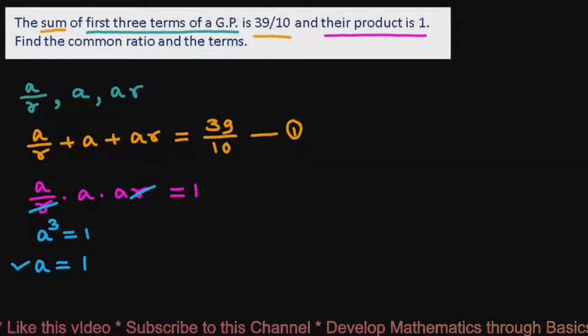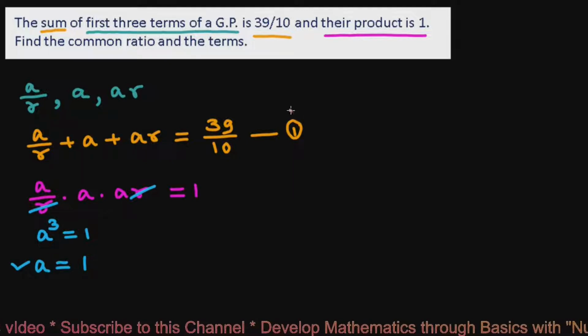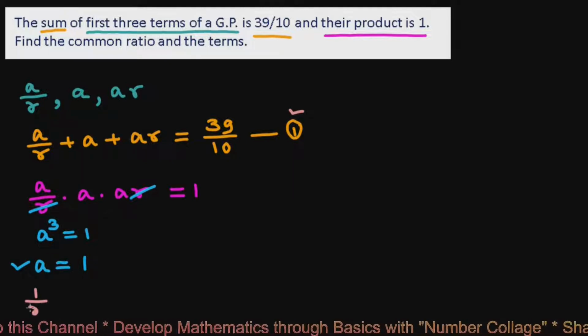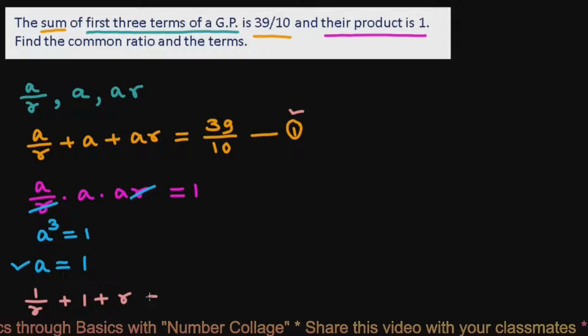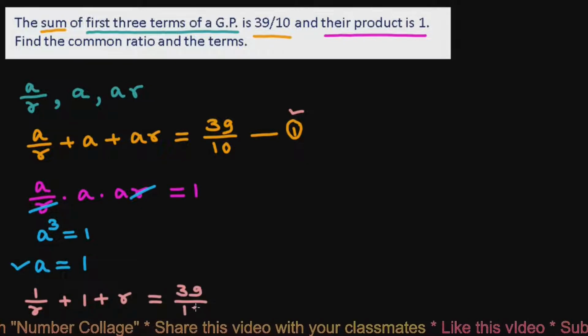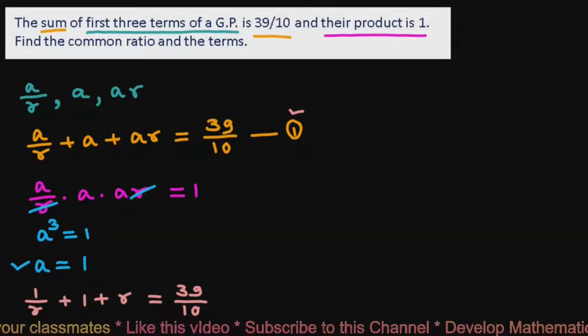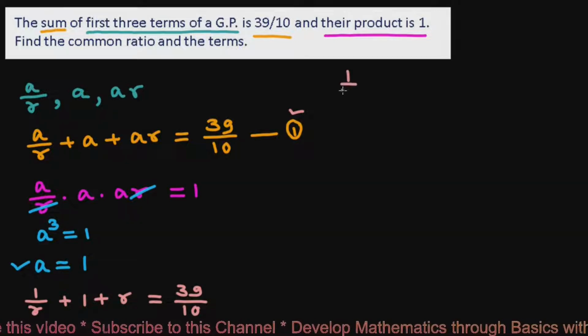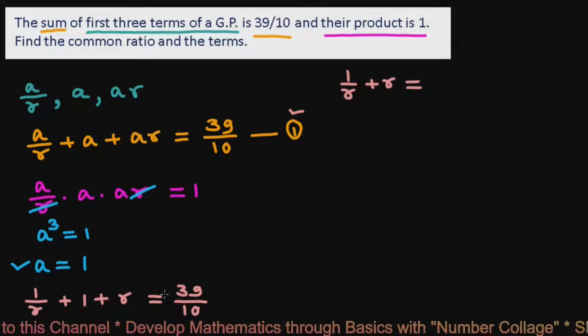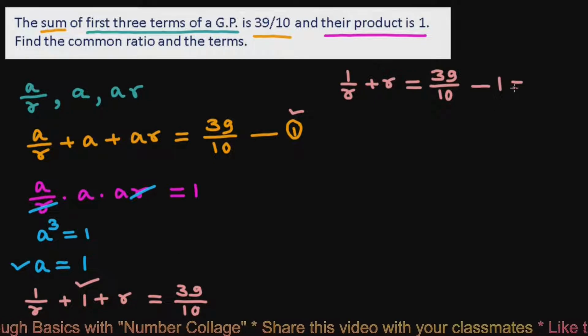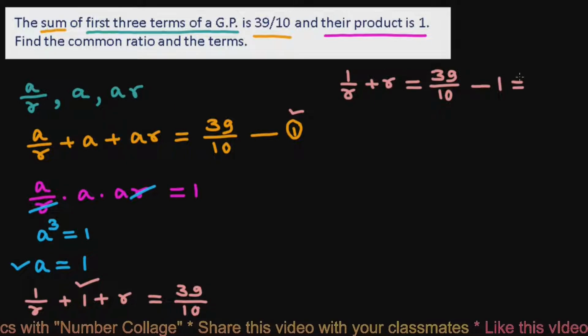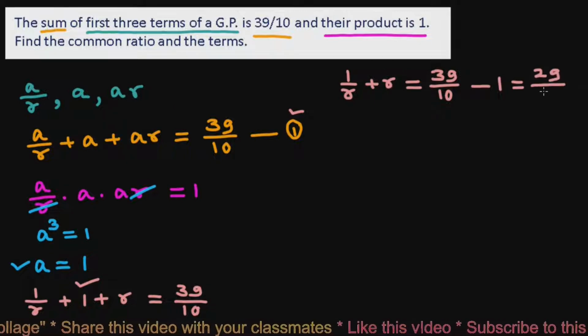Now using this value of a in equation 1, we get 1 upon r plus 1 plus 1 into r, that is r, equals 39 upon 10. This can be further simplified as 1 upon r plus r equals 39 upon 10 minus this 1. So that will be 39 minus 10, that is 29 upon 10.